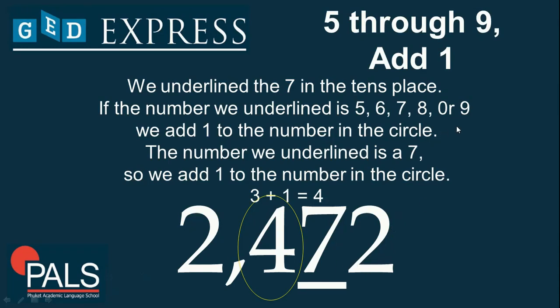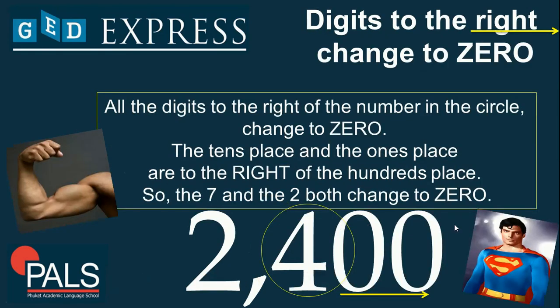Because we are following the rule that if it's 5 through 9, we add 1. If it's 0 to 4, we let the digit stay in its original form. Now, for all the numbers that are to the right of the number that you are rounding, you make it 0.